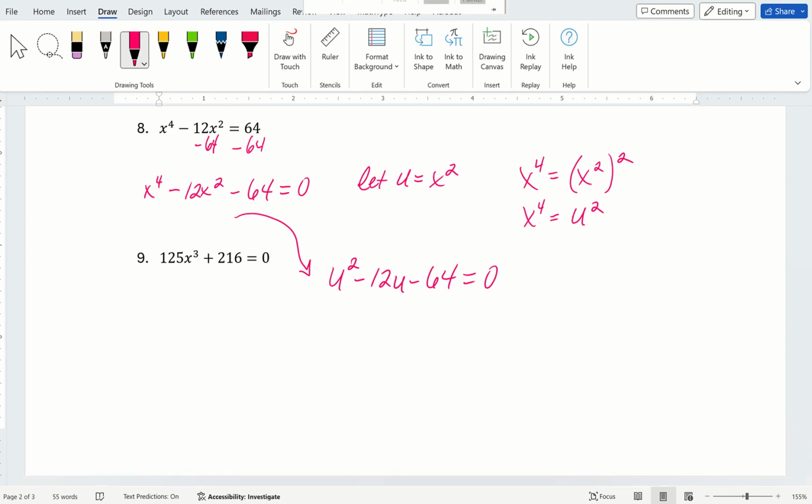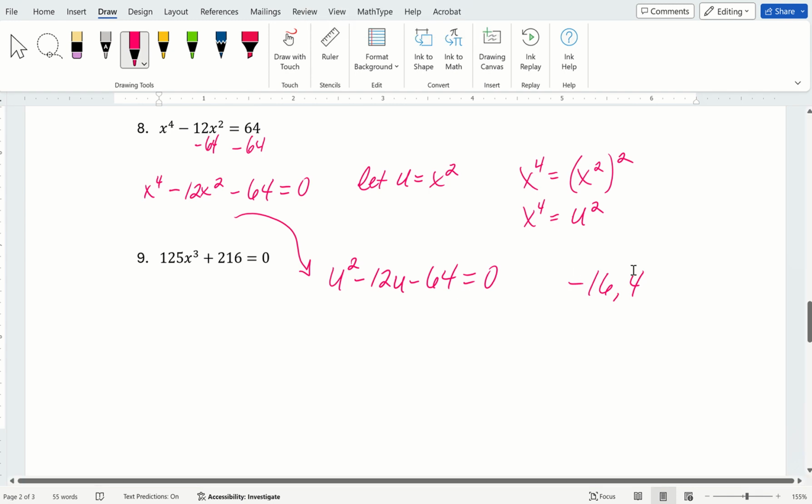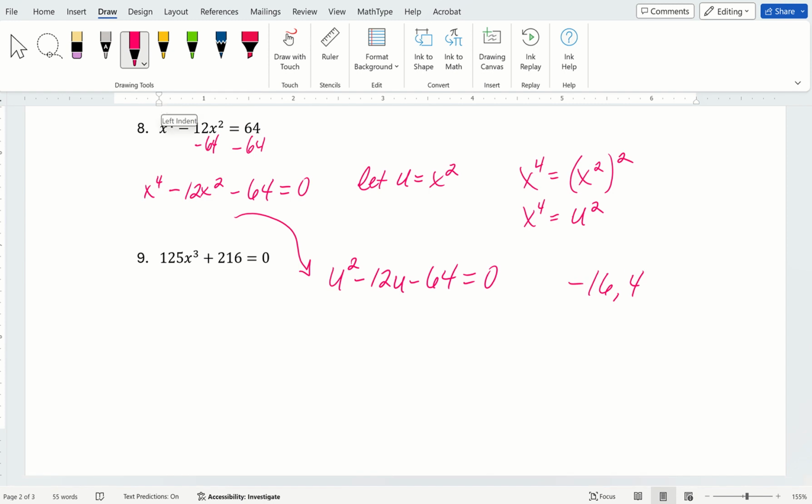In that case, it's negative 16 and positive 4. Negative 16 times 4 is negative 64. Negative 16 plus 4 is negative 12. So we can factor this as u minus 16 and u minus 4. Sorry, u plus 4.